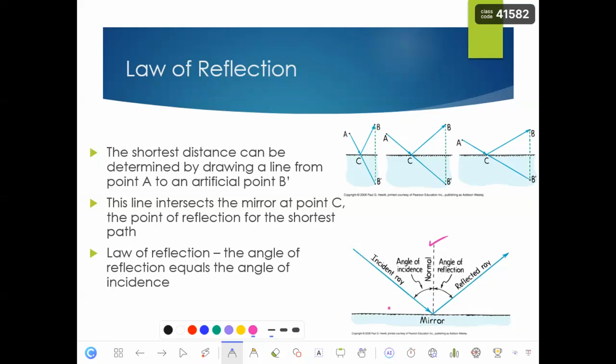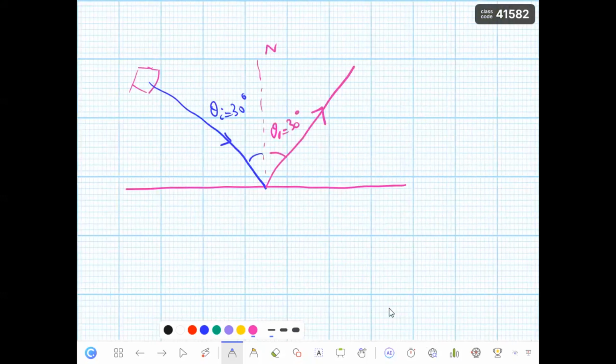The reason that we are seeing objects or pictures is because light is reaching our eyes. So we would like to see, if we are standing in front of the mirror, how the reflected light or reflected rays reach our eyes. That's how we can see the image. I will explain here.